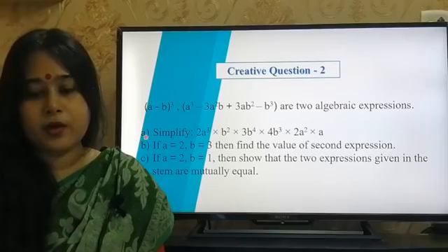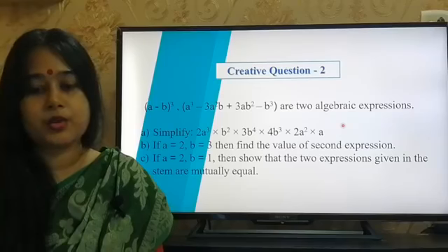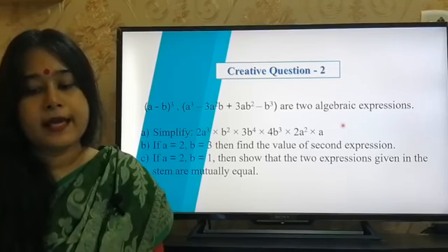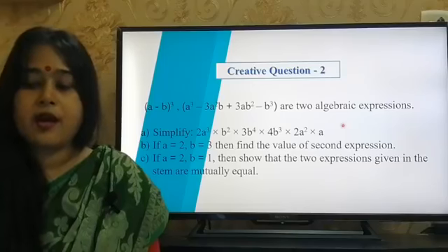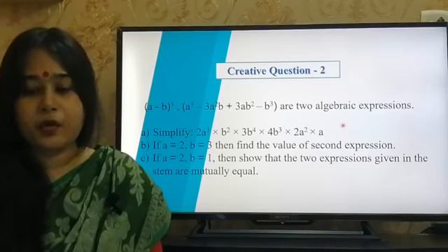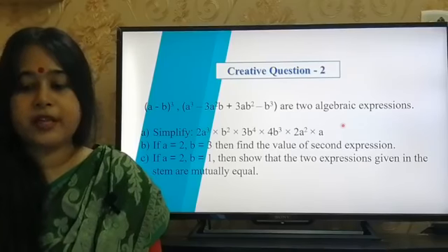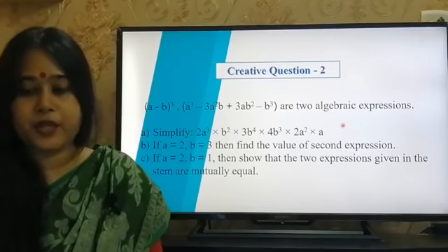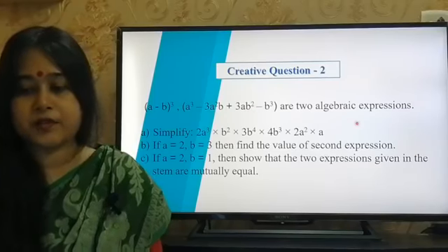For question A, simplify 2A cube into B square into 3B to the power 4 into 4B cube into 2A square into A. This is question A. And for question B, if A equal to 2, B equal to 3, then find the value of the second expression. We have to find the value of this expression.